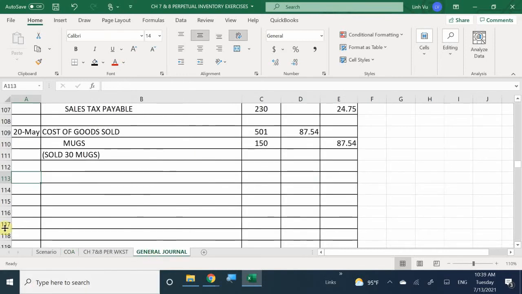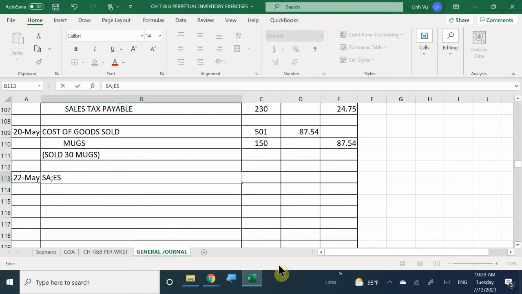So here we are. We have a sales discount because he earned the 10% discount. We also have to give his tax money back. Oh, I forgot one more.